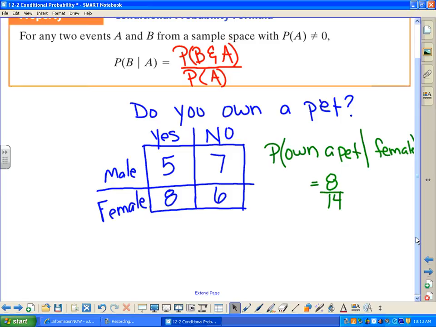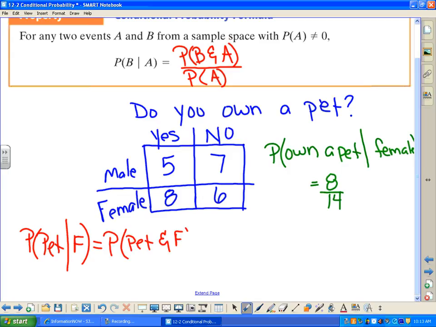The formula says, in order to do this, the probability that you own a pet, given that you're female, says up here that we have to do this. Find the probability that you own a pet and you are female over the probability that you are female.